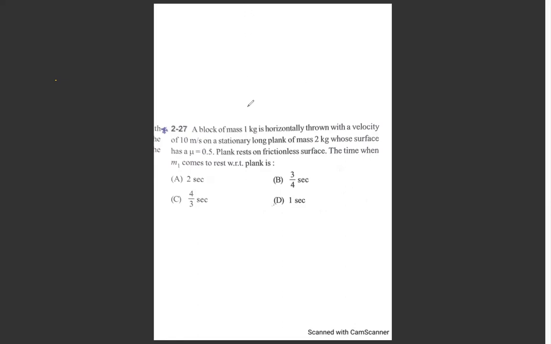A block of mass 1 kg is horizontally thrown with the velocity of 10 meter per second on a stationary long plank of mass 2 kg whose surface has a coefficient of friction equal to 0.5. Plank rests on a frictionless surface. That means the bigger plank is resting on a frictionless surface.